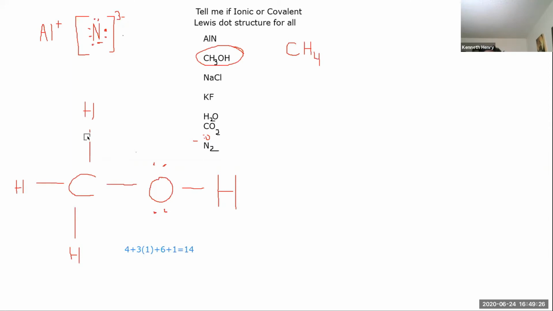So that's 2 electrons here, 2 here, 2 here, 2 here, 2 here. That's a total of 8 electrons around carbon. There's another 2, another 2, so altogether that is 12, and then that's 14. I see 8 around carbon and 8 around oxygen. So why does hydrogen only have 2 around it?